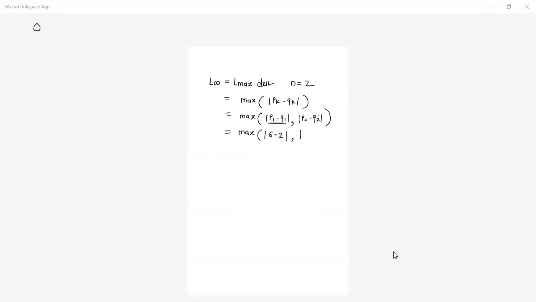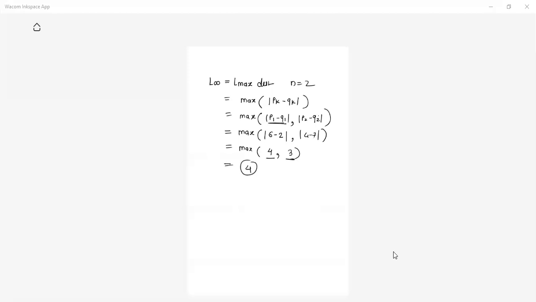Because n is 2 here, we get the max of p1 minus q1, comma, p2 minus q2. Already we have calculated the differences: 6 minus 2, and 4 minus 7. So we get the max of 6 minus 2, which is 4, comma, 4 minus 7, which is minus 3, whose absolute value is 3. So the max of 4, comma 3, gives the solution 4.